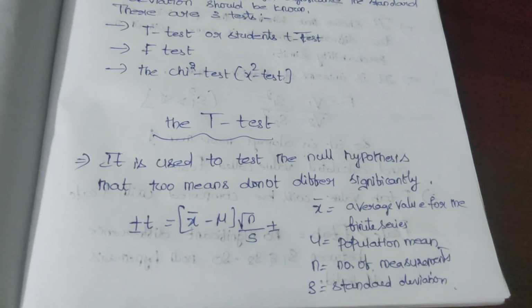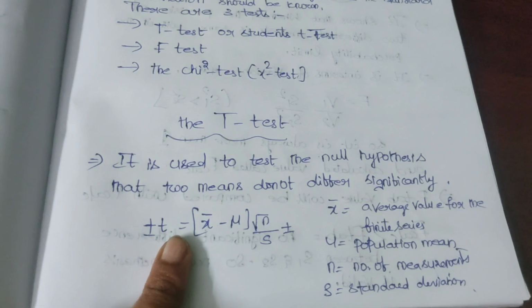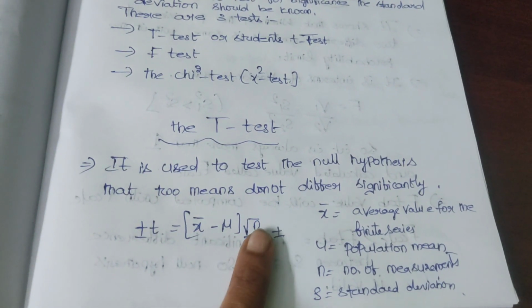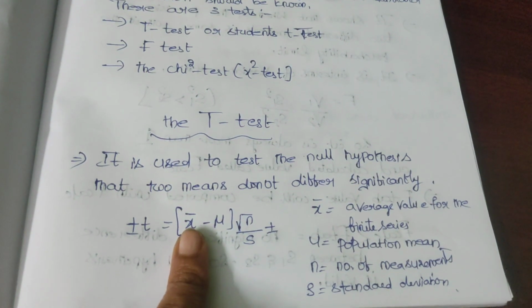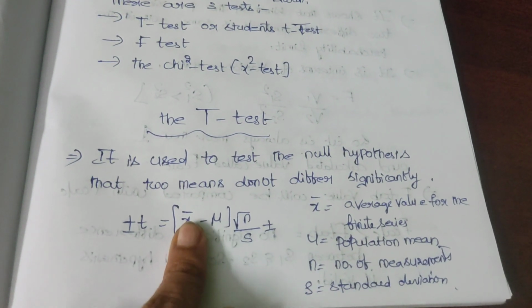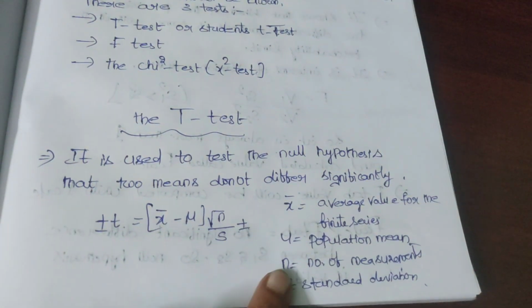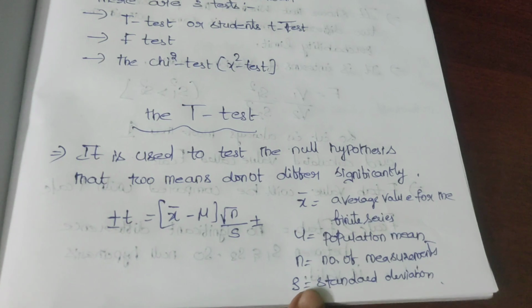we can accept the null hypothesis. For this, the formula is t equals plus or minus, it may be, (x minus mu) times root n by s. So here, what is x? The average value for the finite series, minus mu, the population mean, n the number of measurements, and s the standard deviation.